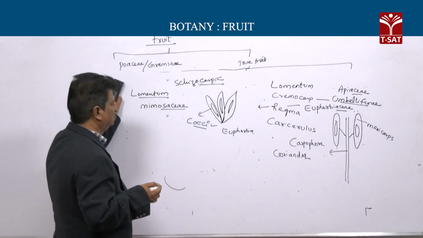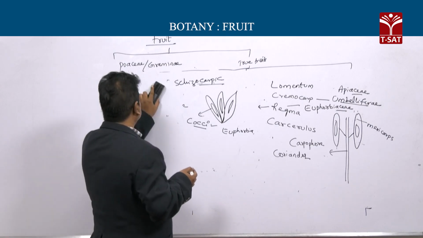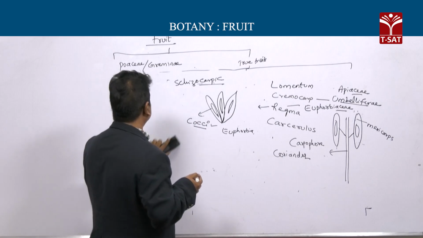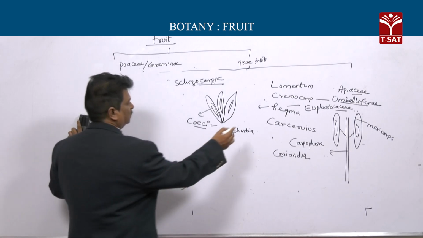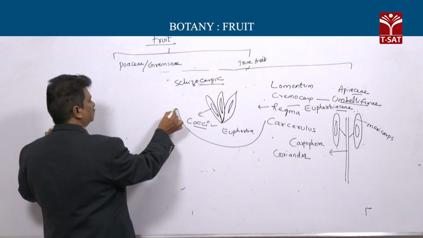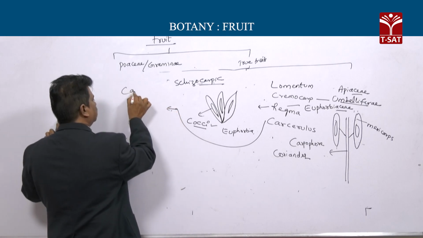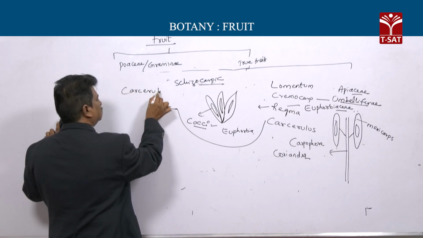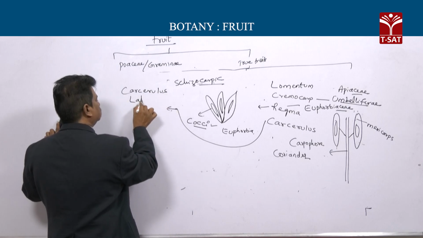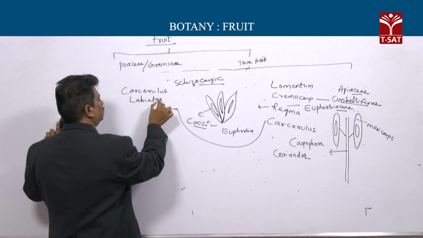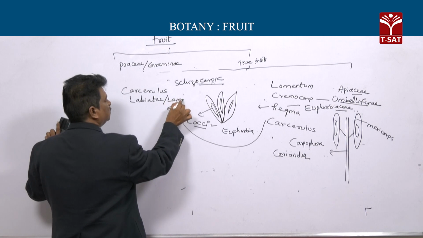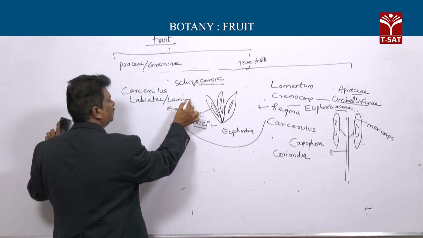Next one, Carcerulus, right? This Carcerulus is a characteristic fruit of Labiatae, the old name, and the new name is Lamiaceae.